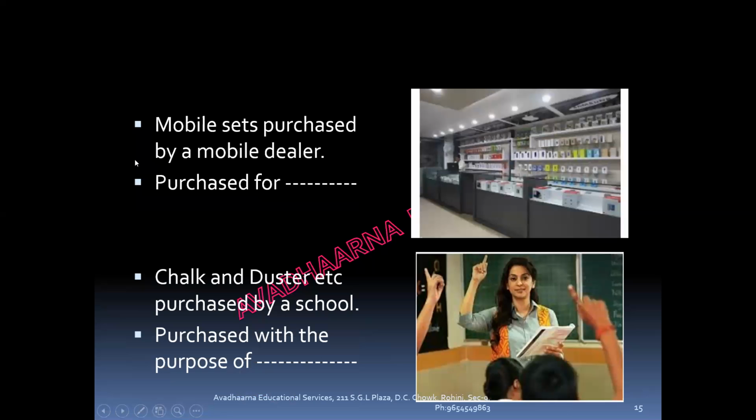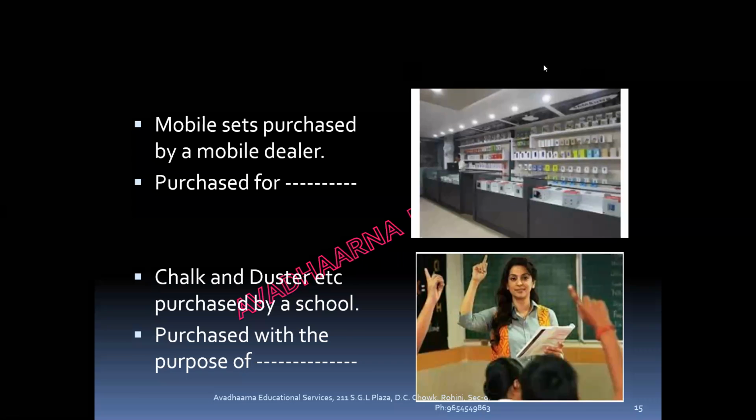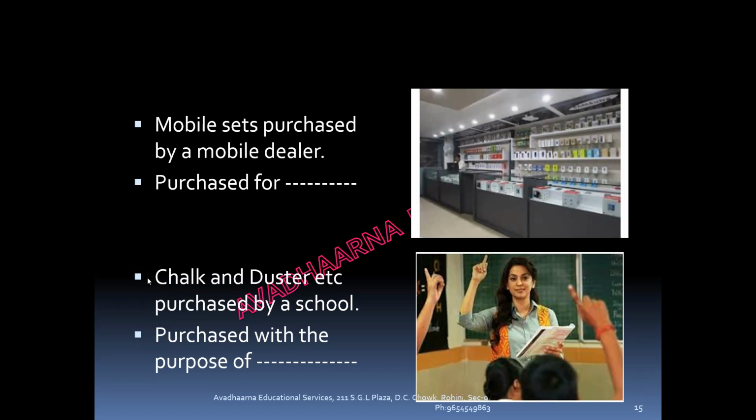Then mobile sets purchased by a mobile dealer. Fine. Mobile sets purchased by a mobile dealer are purchased for reselling, and that is why they are known as intermediate goods. Now chalk and duster, etc., purchased by the school. Here they are intermediate products because they are used up completely during the year.